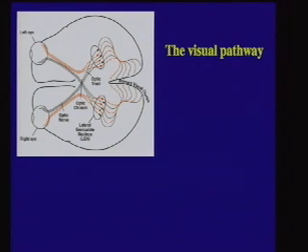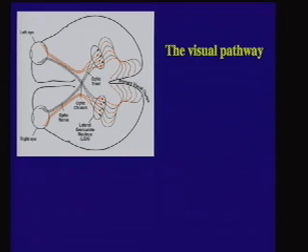Because this is not a neuroscience audience, I decided that I needed some introductory slides that remind you a little bit about the brain and the visual pathway. This is a schematic top view of the visual pathway.